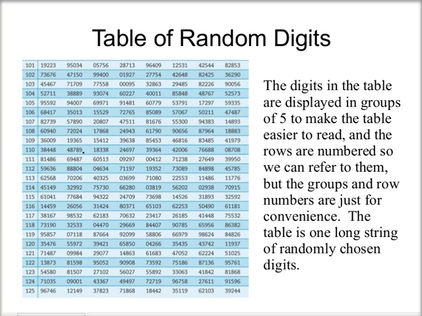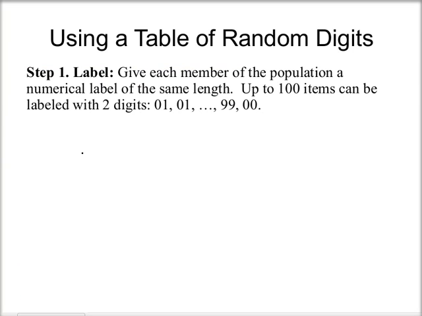And we want to use this to somehow get a random sample of a population. So let's look at the steps that we're going to go through to do that. To use a table of random digits, my first step is to label my population. I've got some population that I want to choose from randomly, and I'm going to give each member of the population a numerical label of the same length.